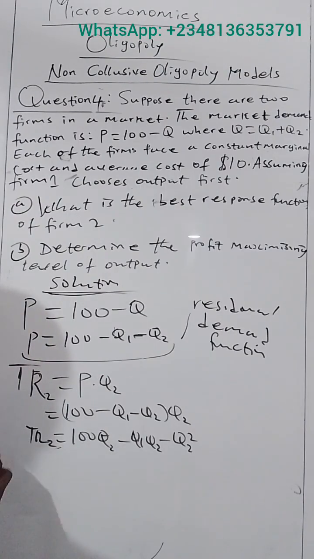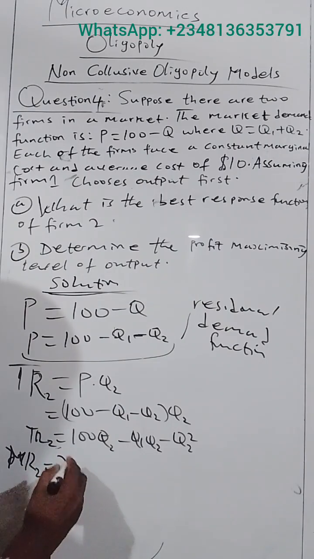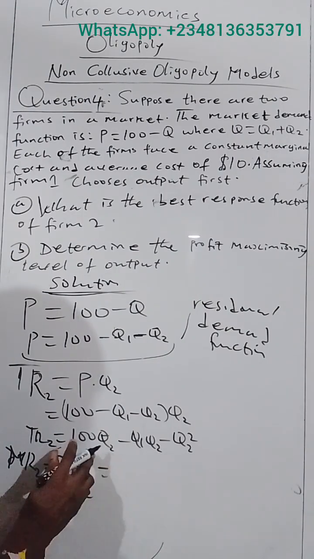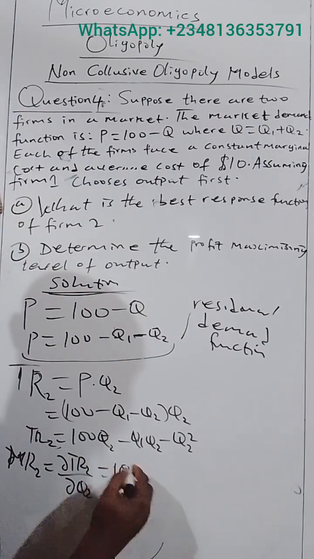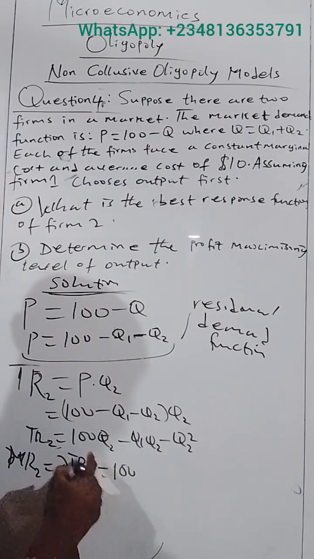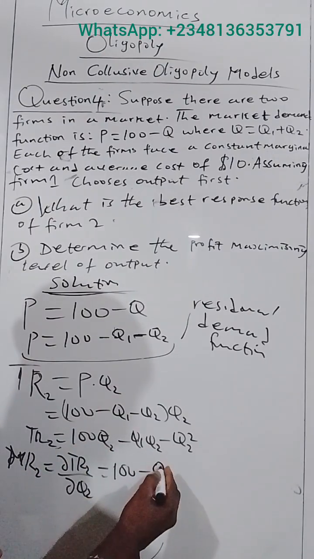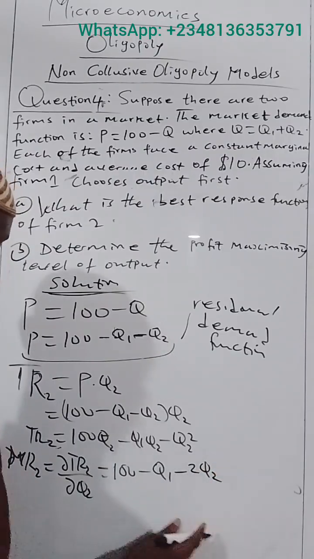Then we can derive the marginal revenue function of firm 2. In other words, the marginal revenue of firm 2 equals the derivative of TR2 with respect to Q2. Differentiating, we have 100 minus Q1 minus 2Q2.